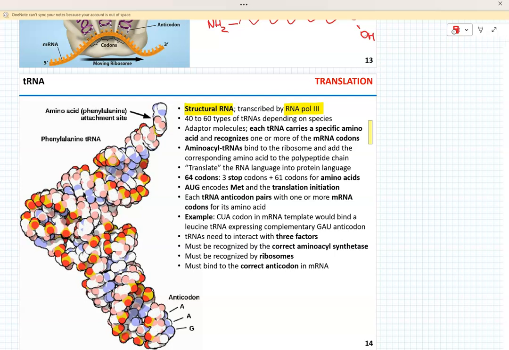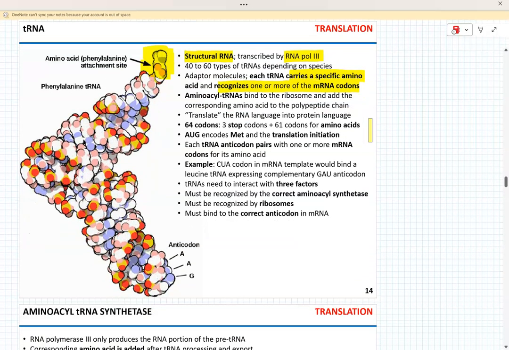The essential function of tRNA is to carry a specific amino acid and to recognize mRNA codons. In the illustration on the left, you can see the part of tRNA which comprises the attachment site for the amino acid phenylalanine. And you can also see the anticodon, the part that recognizes the codon in mRNA.